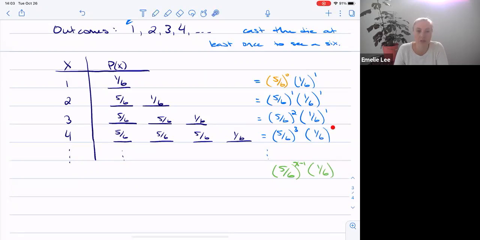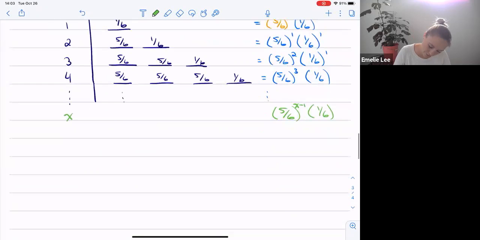I kind of stopped writing the power of 1 here. So when x is x, that's what it's going to look like. So this becomes the PMF. So this is P of x, the PMF.